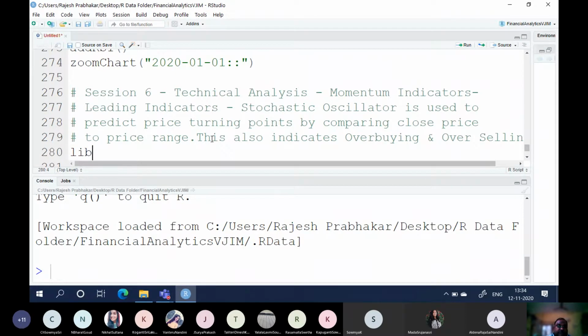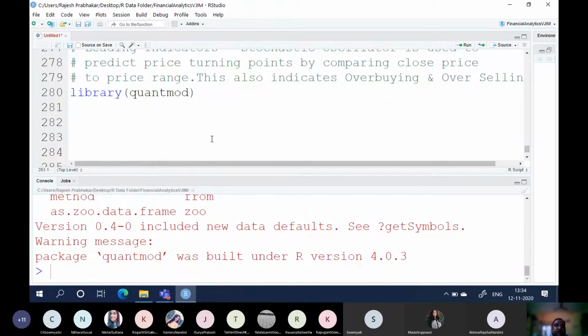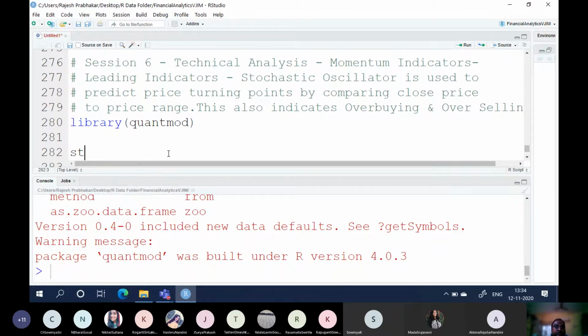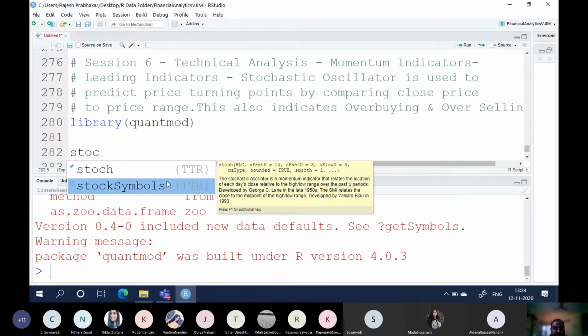So let me activate the library quant mode. Let us activate it because we have to activate the library. Okay, so stochastic oscillator.